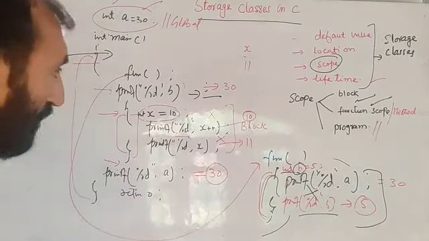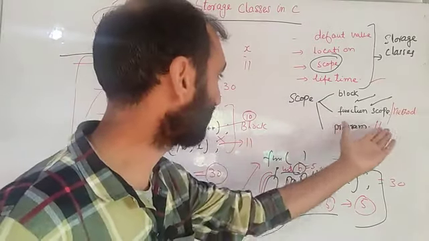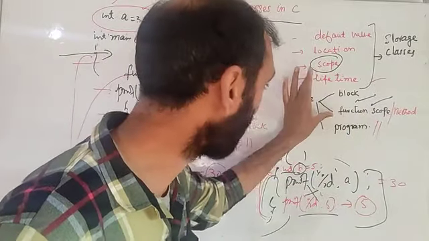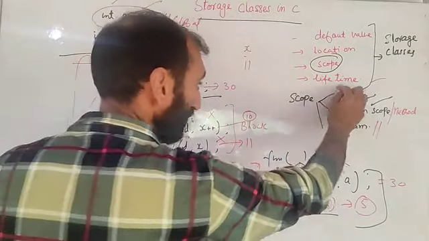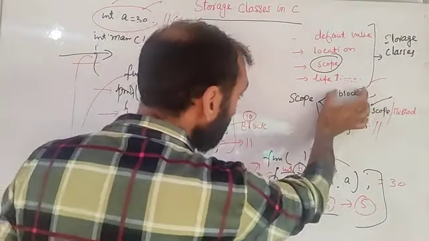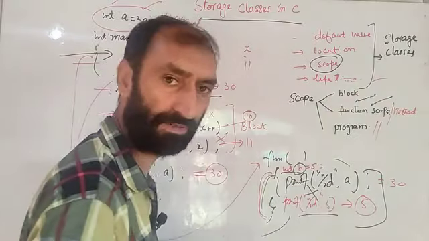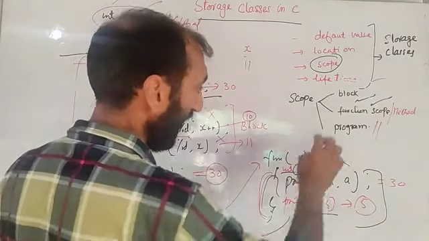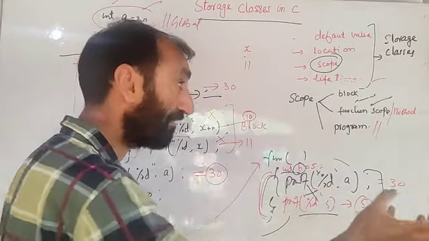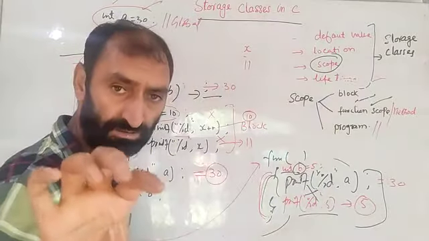Now I hope you have understood what is block scope, what is function scope, and what is program scope. In the case of block scope, we can access the variable only within that block. Outside that block, we cannot use that variable. The lifetime of a variable declared in a block is only within that block.